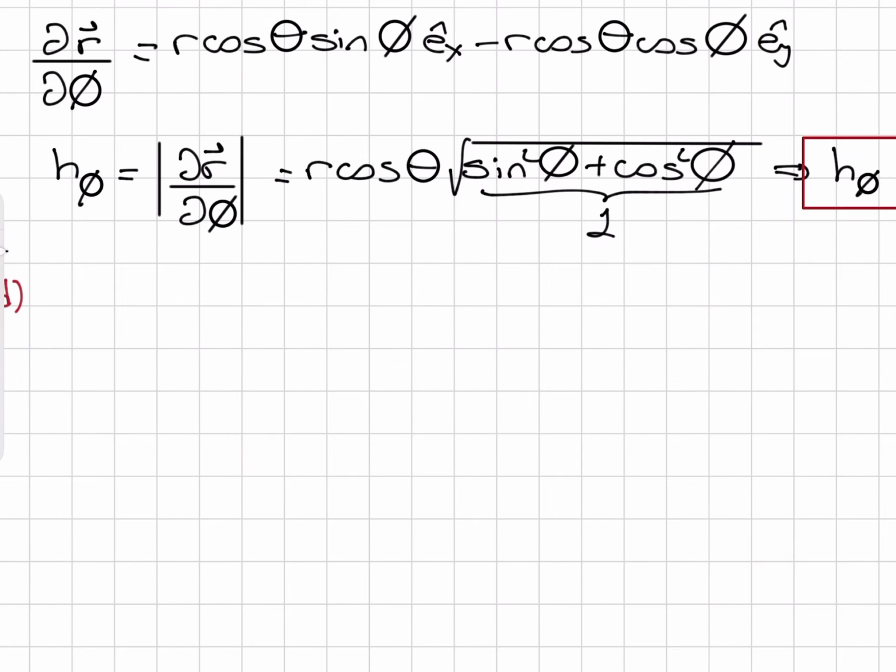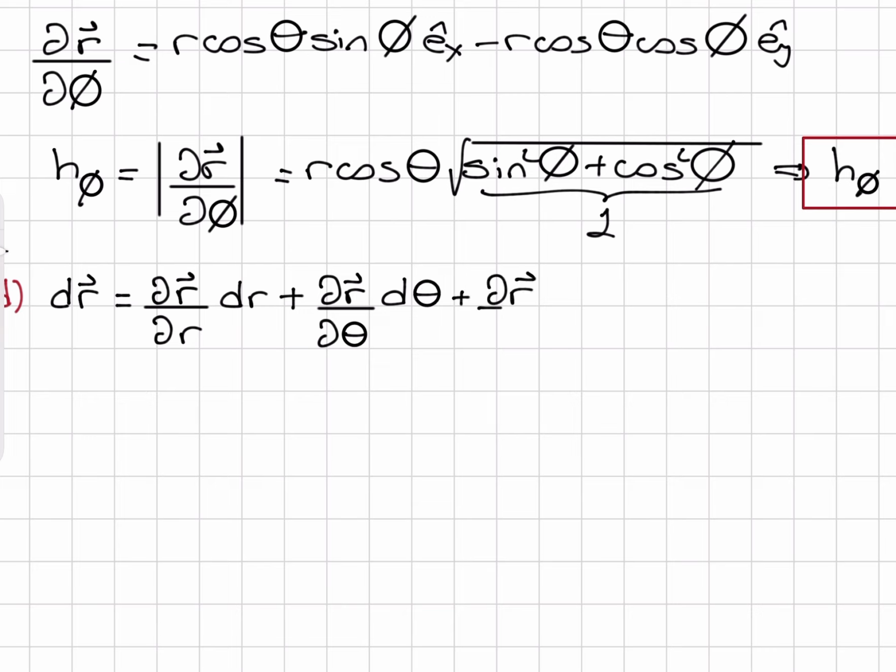And we know that dr is the partial derivative of the position vector with respect to r, dr, plus the partial derivative of the position vector with respect to the angle theta, d theta, and the partial derivative of the position vector with respect to the angle phi, d phi.